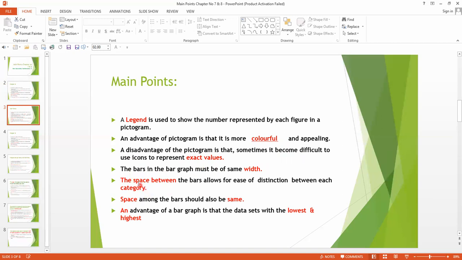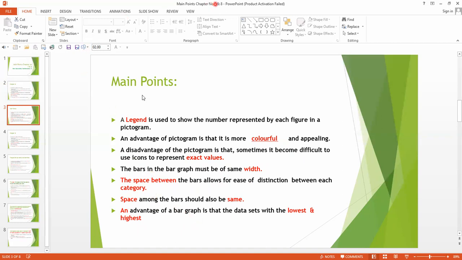The bars in a bar graph must be of the same width. The space between the bars allows for ease of distinction between each category. Space among the bars should also be the same. An advantage of a bar graph is that the data shows the lowest and highest values.